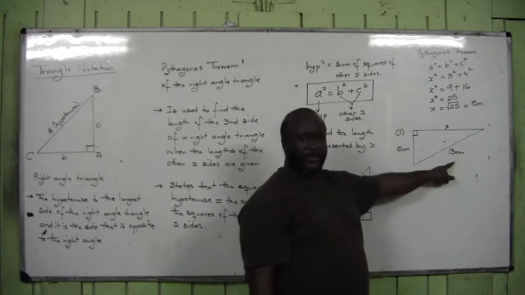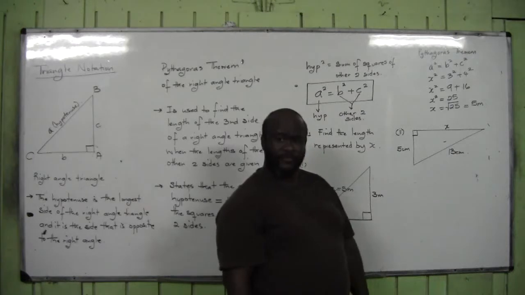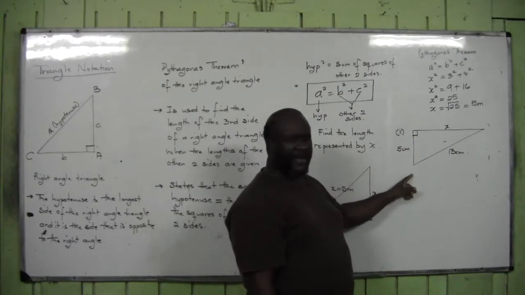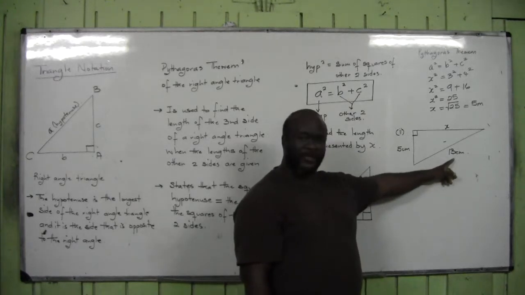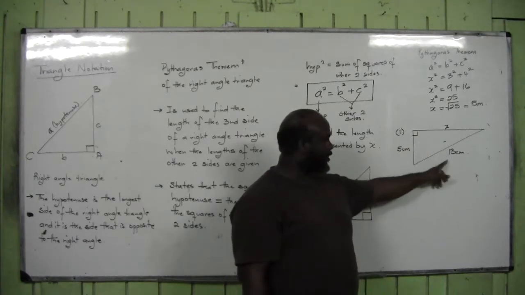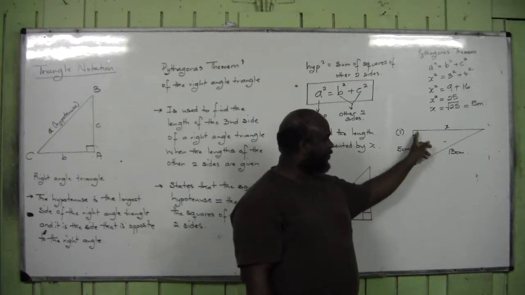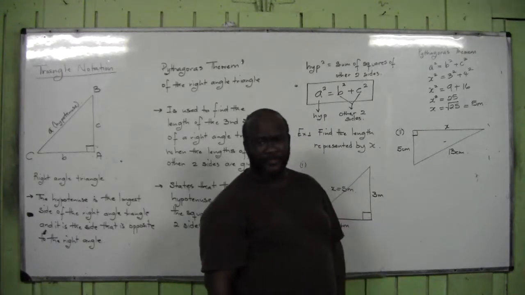And I know that this is 5, because it was given. So you're not finding the hypotenuse, because I already have it. It was given. The hypotenuse is 13. The hypotenuse is the longest side and it is the side that is in front of the right angle.